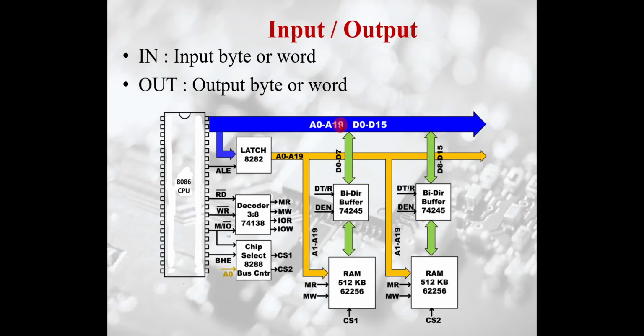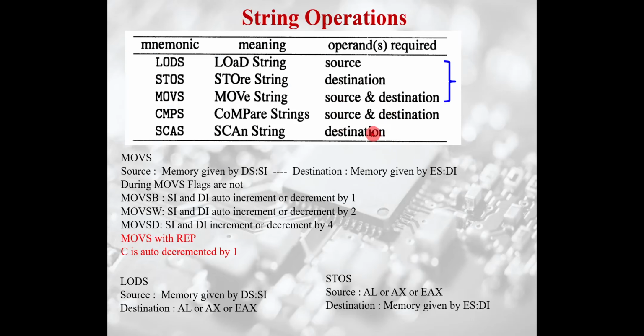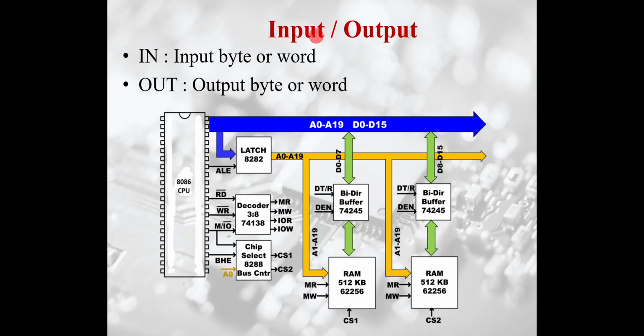Today what we are going to learn about is two new instructions, INS and OUTS. Before that, let's just revisit IN and OUT, how it is done. This again I covered in the previous class. So how does this memory organization work?